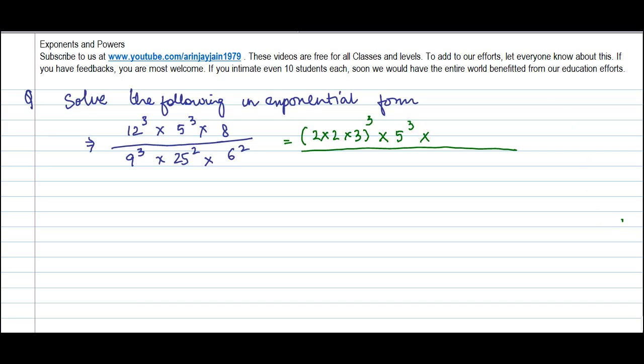Now 8, if you do the prime factorization, you get 2 cube. Divided by 9. Now 9 can be written as 3 square, to the power cube into 25. 25 can be written as 5 square to the power square into 6 square. You can write this as 2 into 3 square.